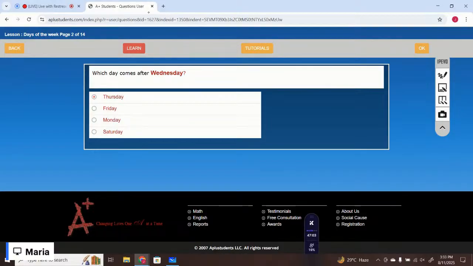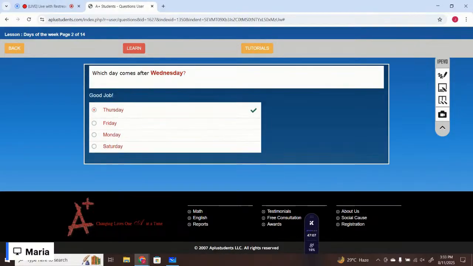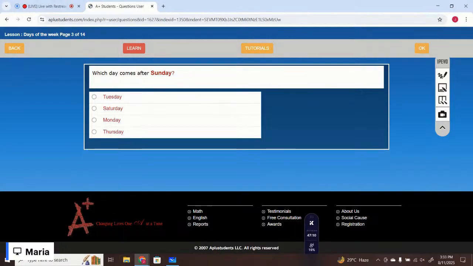After Wednesday, it's Thursday. 1 is the correct option. Which day comes after Sunday? After Sunday, it is Monday. Option number 3 is the correct option.